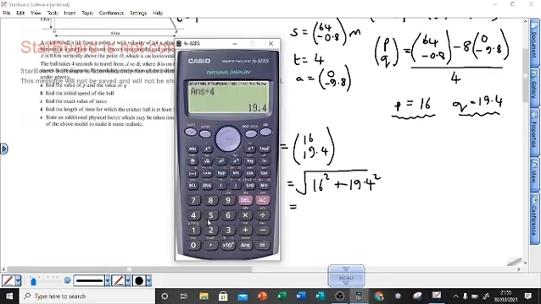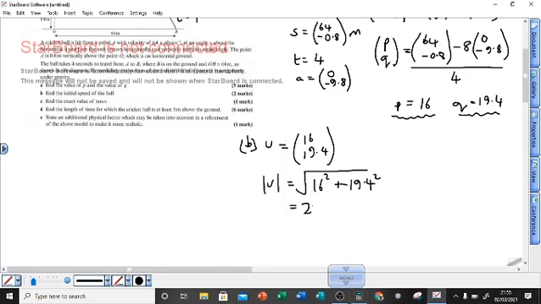Click that up, the answer is 25.1. Can't go any further than that because we've used g. So 25.1, 3 sig fig, meters per second.